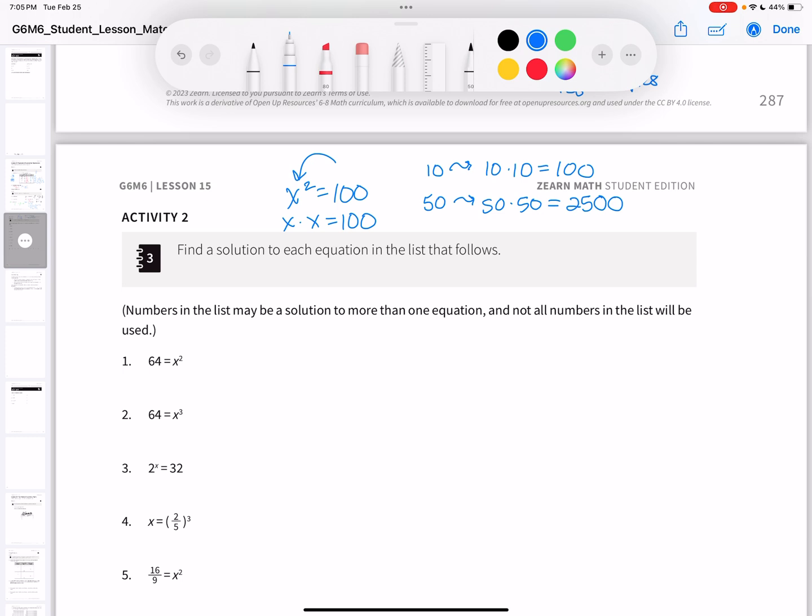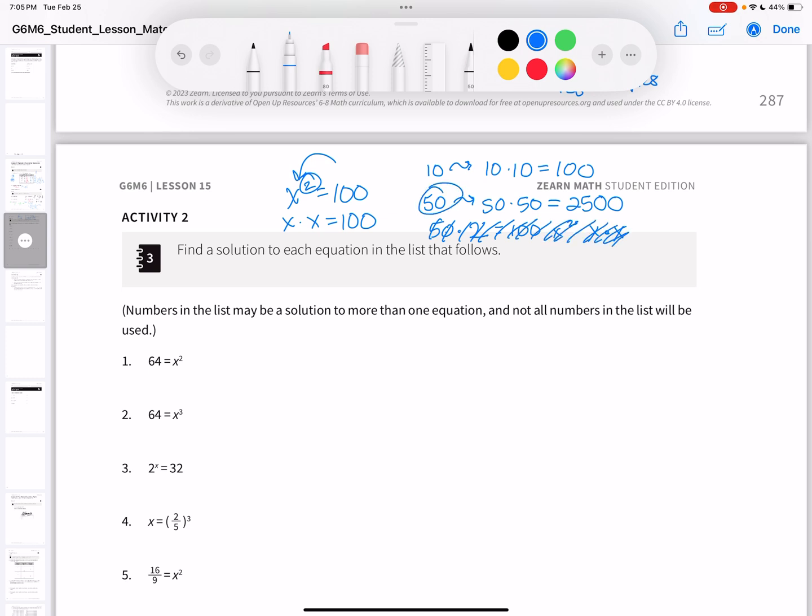But what they're saying is, what if you did 50 times 2? Because there are two x's, right? But 50 times 2 is 100, but that's not what we're looking for, because really x squared means x times x, not x times 2. So that is not a solution.